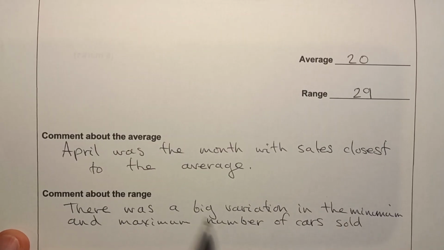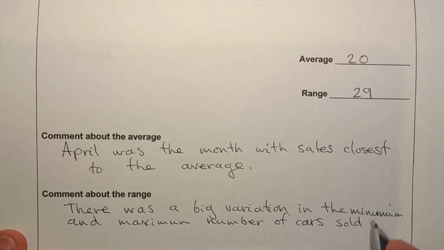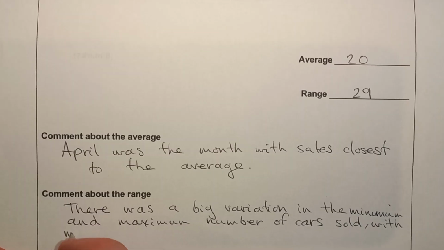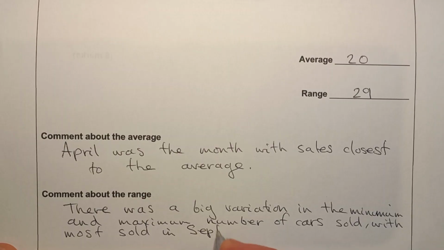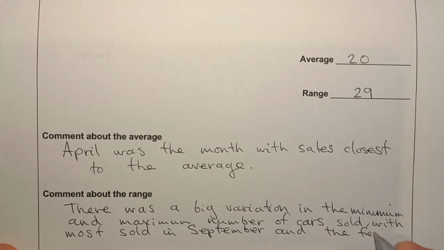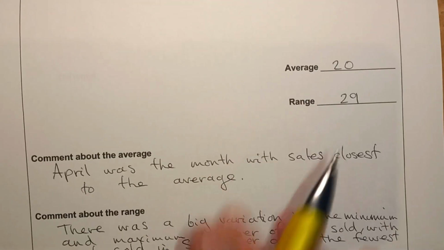That's what the range means. It's the variation between the minimum and maximum. With most sold in September and the fewest sold in, where was the lowest? In January.